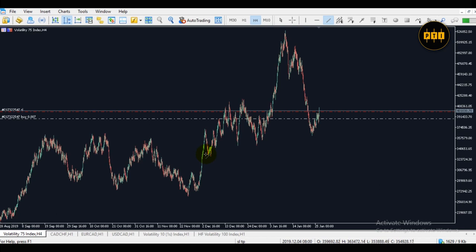So here, as you can see, here was our first touch, here our second touch, and here it was our third touch. So basically here it was a confirmation that okay, now we can enter as far as trend trading is concerned, because it is now a third touch. So in the third touch, that's where we are looking forward to take our entry.